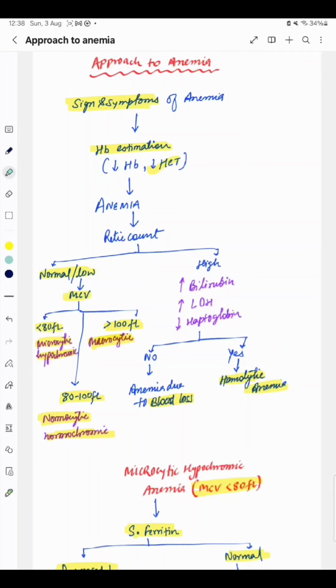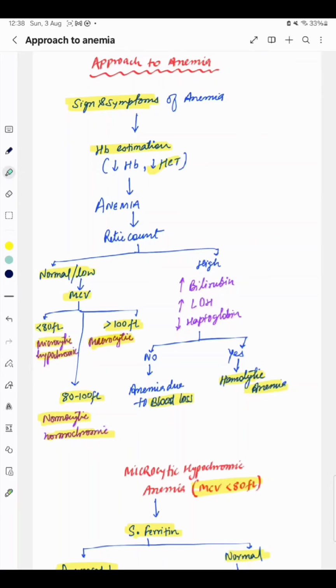If hemoglobin level falls below the normal limit, like less than 13 gram per deciliter in male and less than 11.5 gram per deciliter in female, then this condition is known as anemia, or anemia can be defined as decreased RBC count below the normal limit.